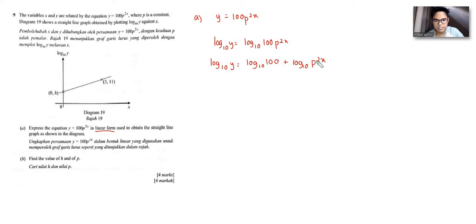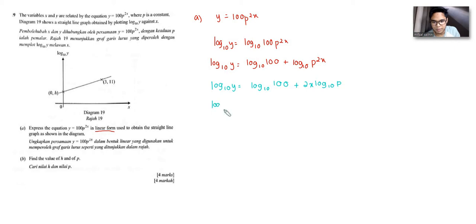Next, we can bring the power down. So log10 y = log10 100 + 2x log10 p. The only thing that we can do is factor x out of 2x log10 p so that it matches the x-axis over here.